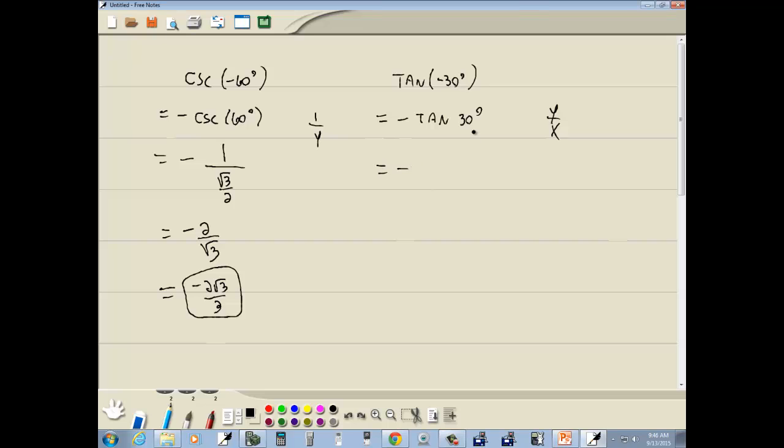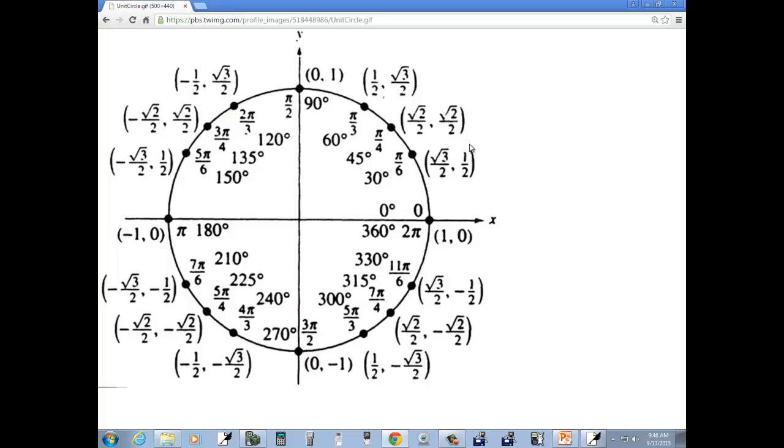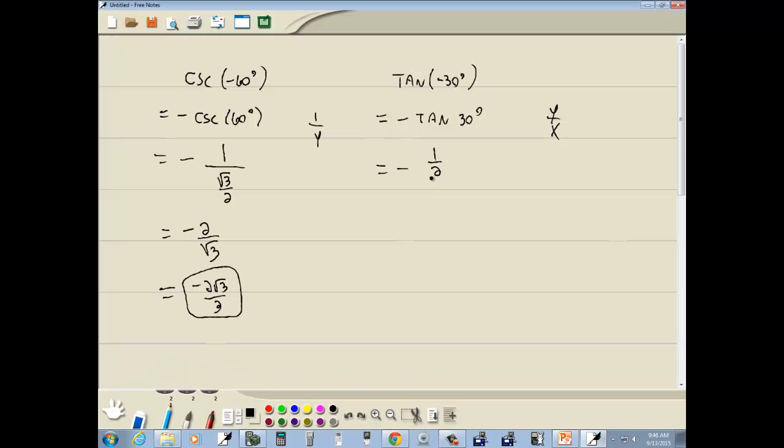So let's go look up 30 degrees on a unit circle. Here's 30 degrees. And this is our point, y over x. So I'm going to have 1/2 over square root of 3 over 2. Now 2 is going to cancel, so we got negative 1 over square root of 3. Multiply top and bottom by the square root of 3. And that would be our answer.